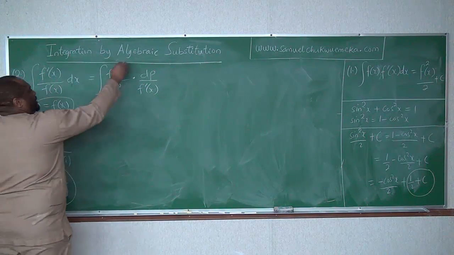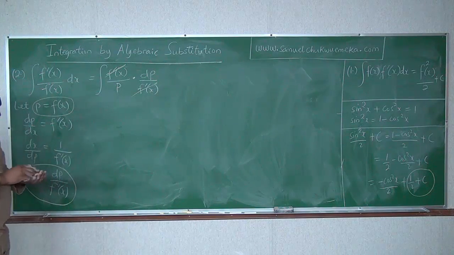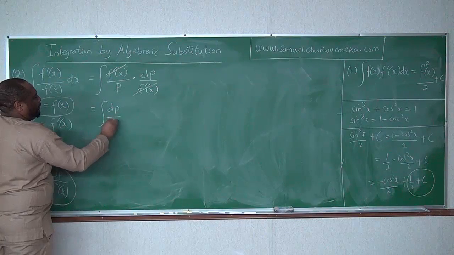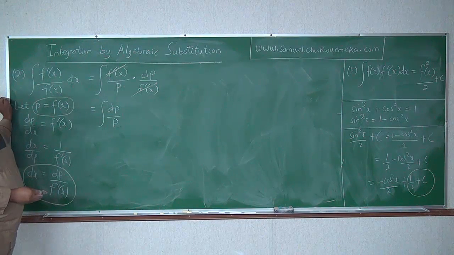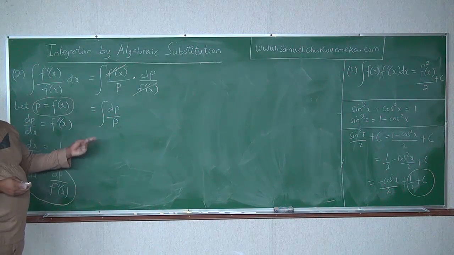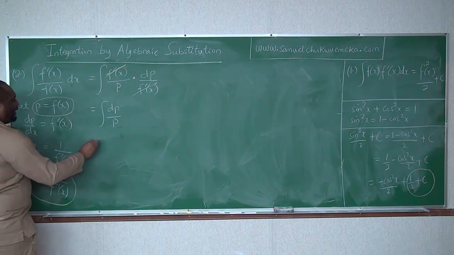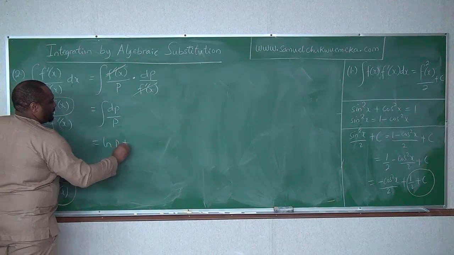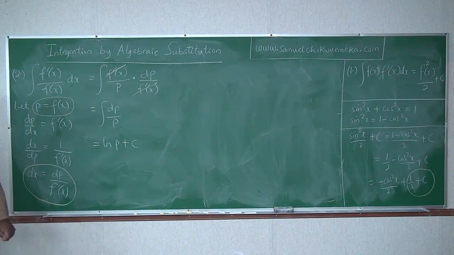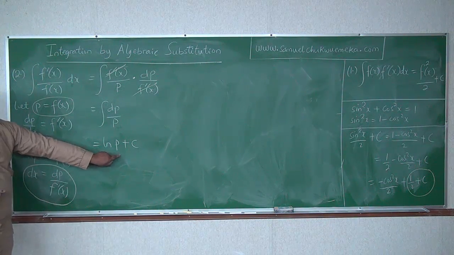Alright, we now cross out. So we now have dP over P. And of course, when you have dP over P, it's ln P plus C. So you still substitute back.